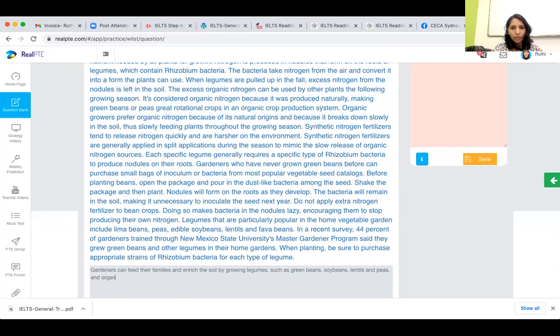And I would write: organic growers prefer organic nitrogen because of its natural origins and because it breaks down slowly in the soil, thus slowly feeding plants throughout the growing season.